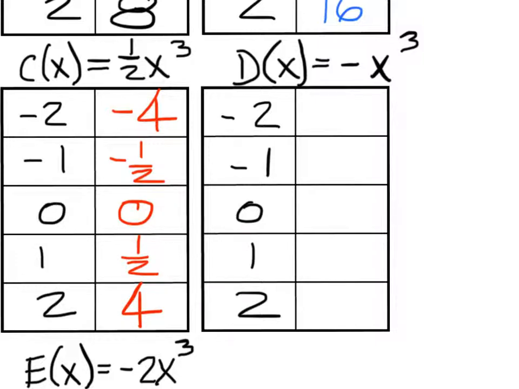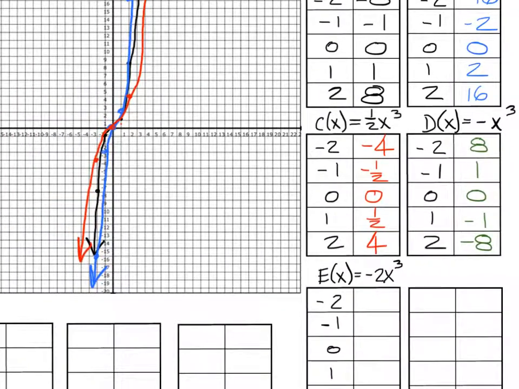Alright, it is a positive 8, and we'll change this to green, darken it up. So we'll go positive 8. What if I put in a negative 1? Positive 1, a 0, 1, negative 1, and 2, negative 8. Alright, let's plot these and see what we come up with.